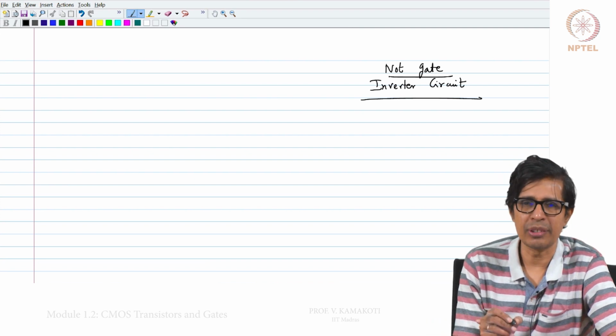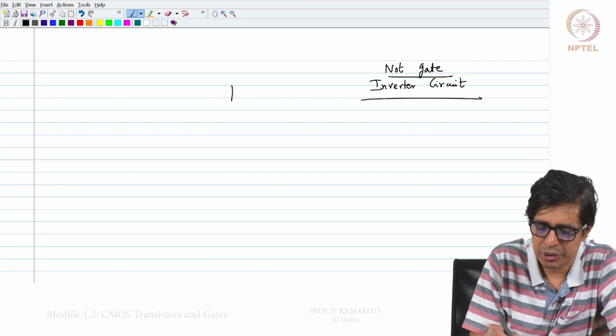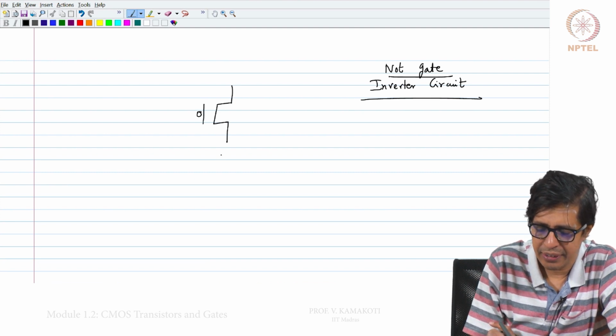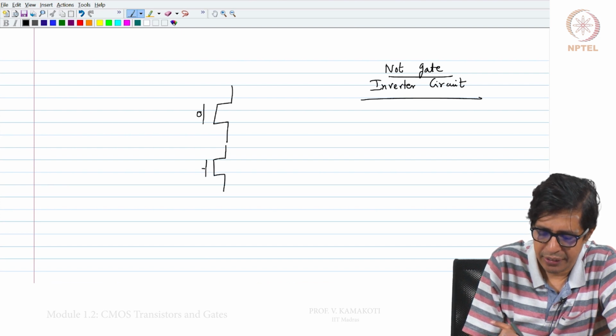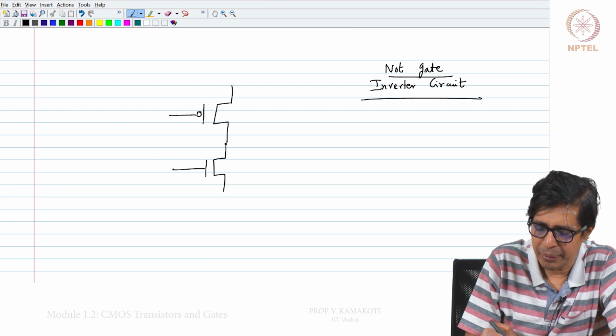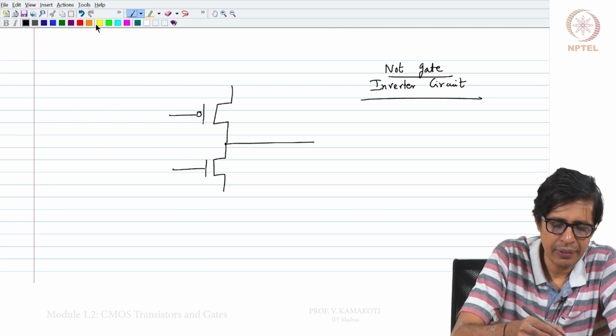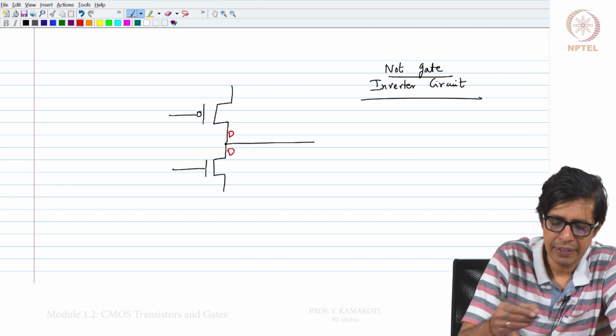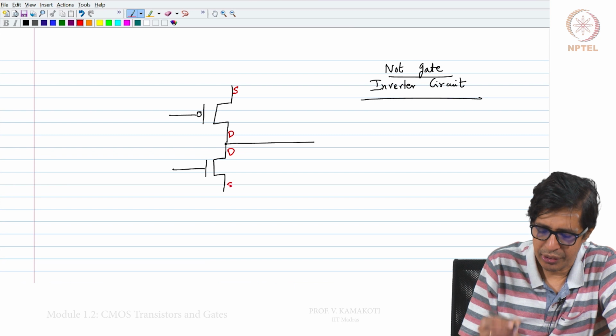So, how is a NOT gate formed? Let us see how it is going to be. I put a P transistor, I put another N transistor, and I connect them together. This is the drain, this is also the drain, this is the source, this is the source.